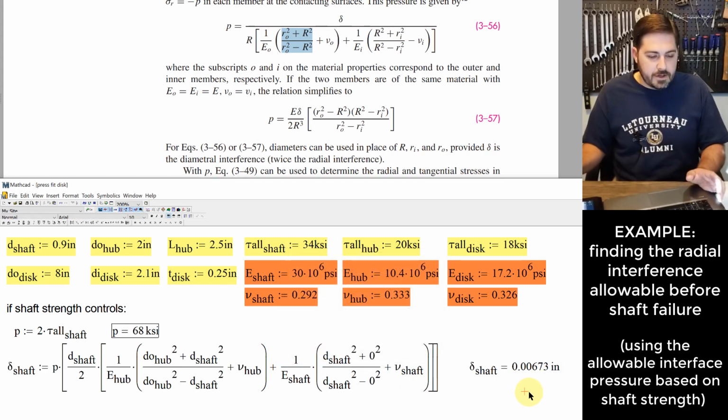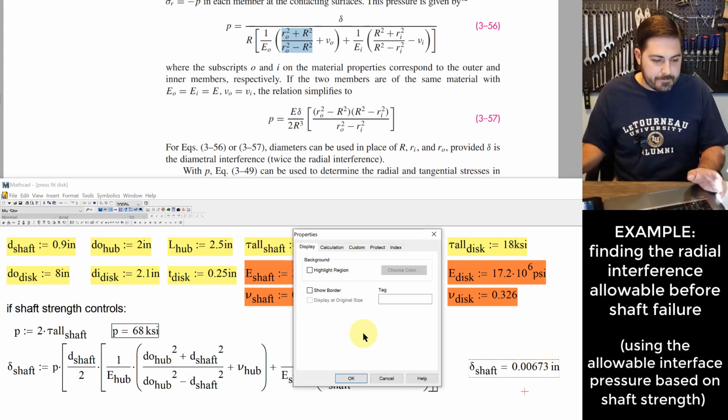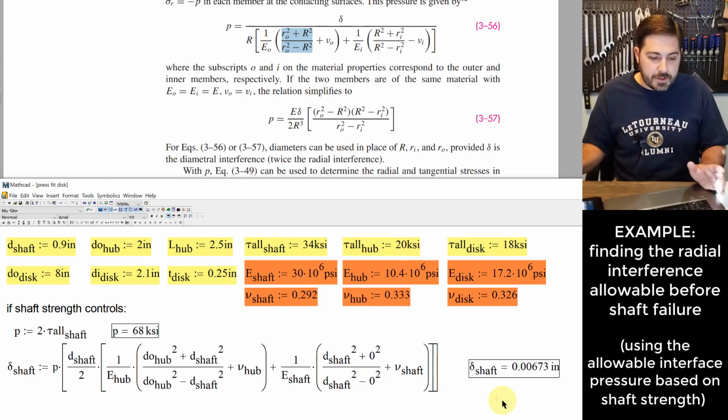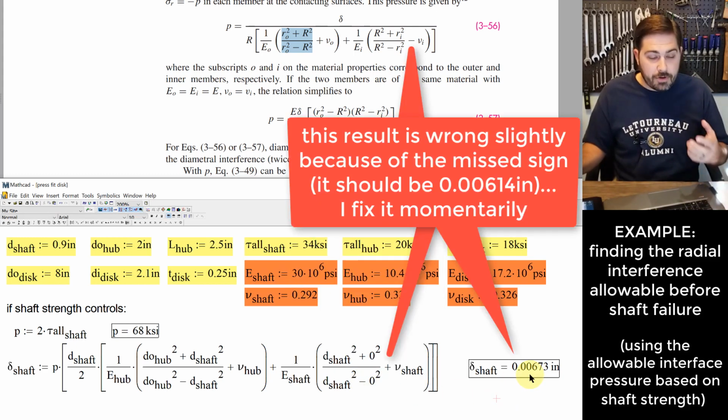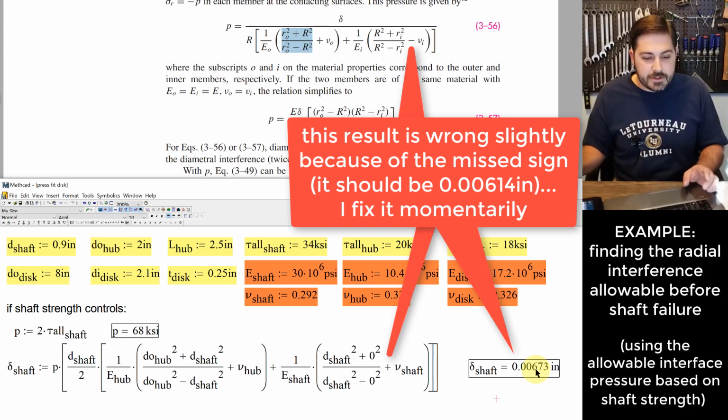Like this. What it ends up telling me here is that the shaft, I like putting a border around any of my results, but that for the shaft, it can tolerate up to 6, almost 7 thousandths of radial interference between these two parts.